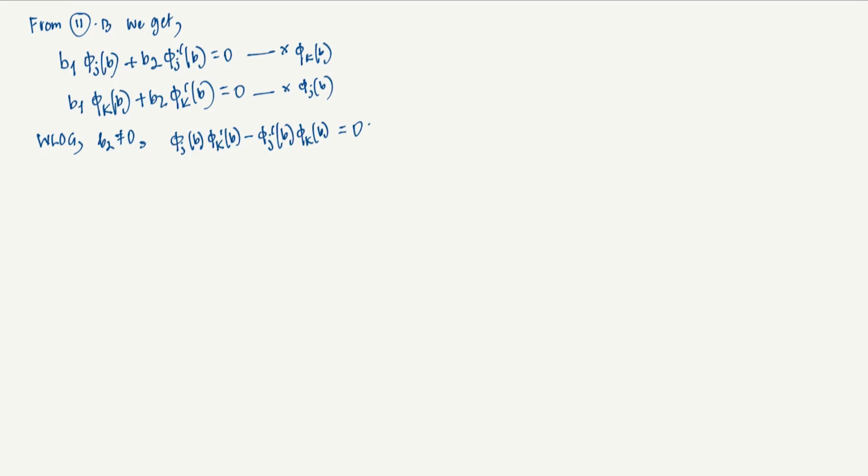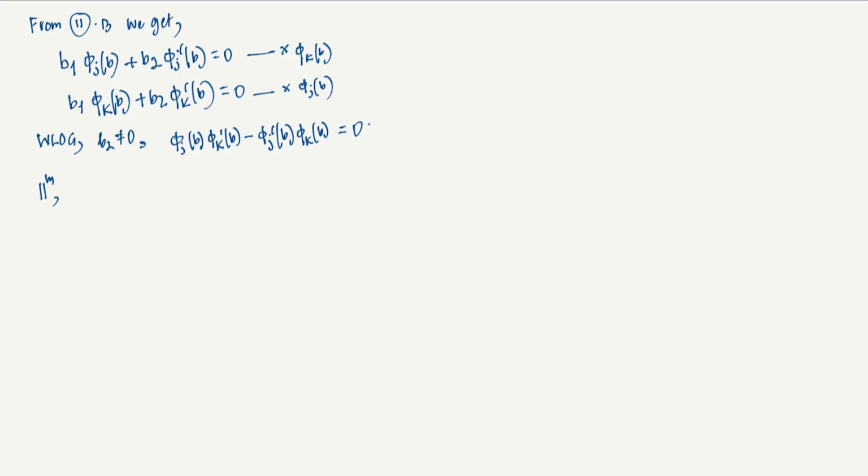Similarly, it doesn't really matter, because if b1 is not zero we are going to get the other part. Basically the same thing, just sign changes, and because this part is zero, we end up with the same thing.